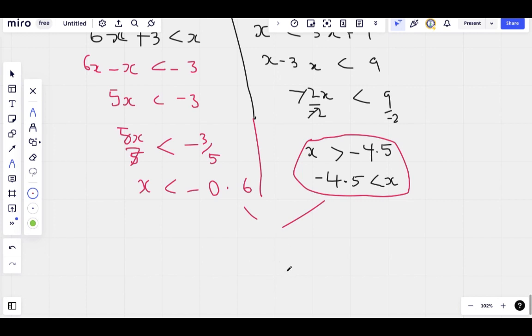It's up to you which one you want to write first. If you want to write it this way, you say x is greater than negative 4.5 and less than negative 0.6.